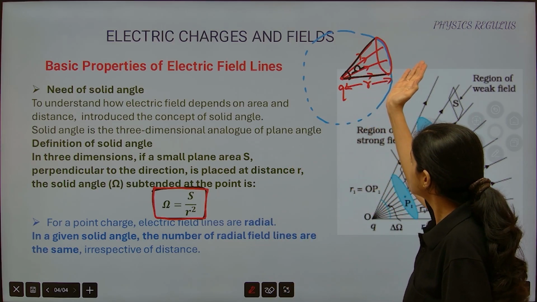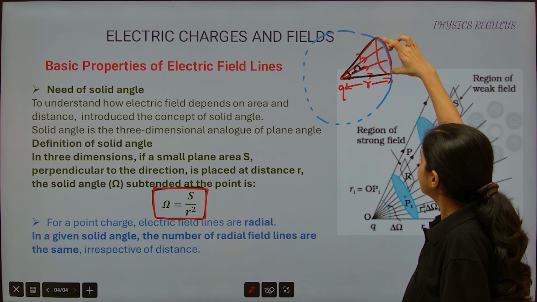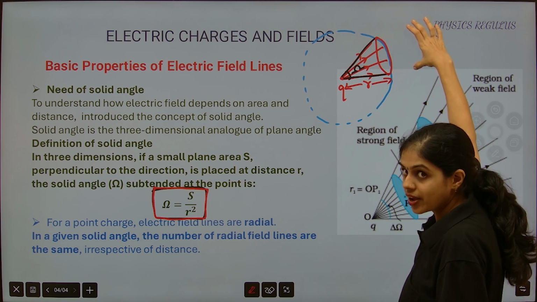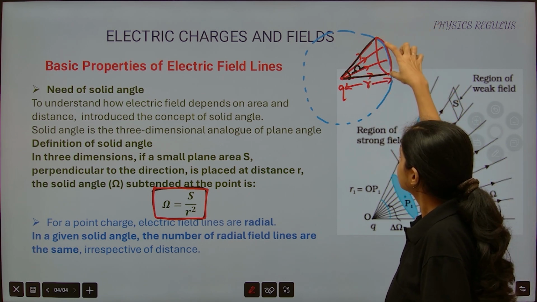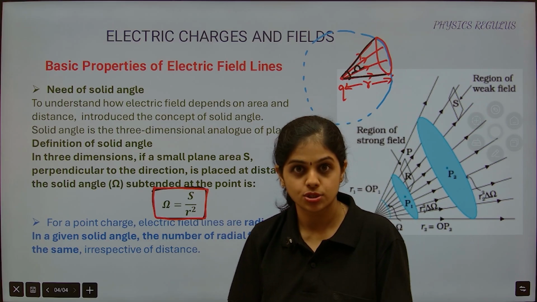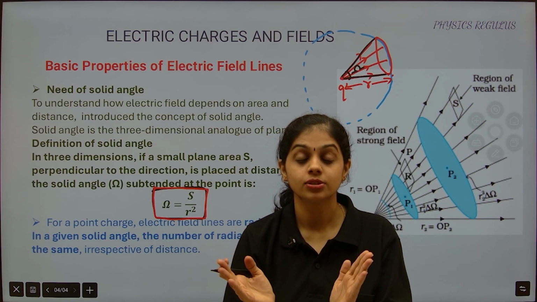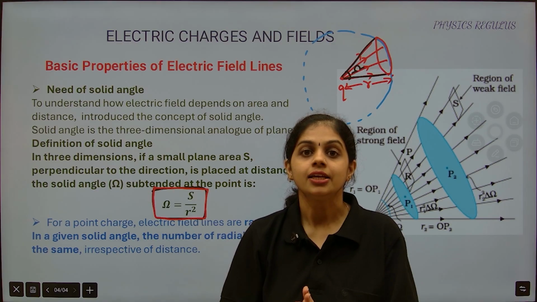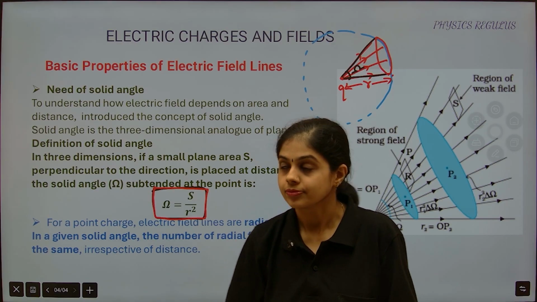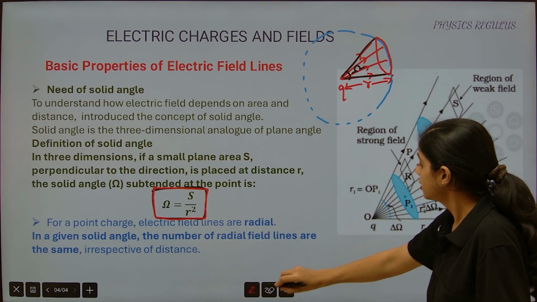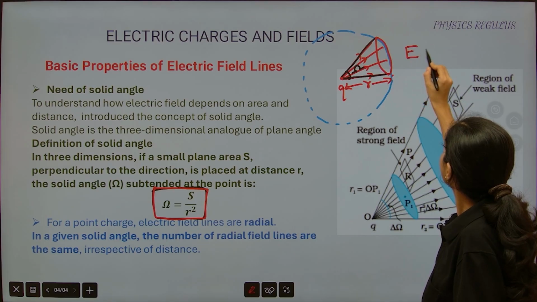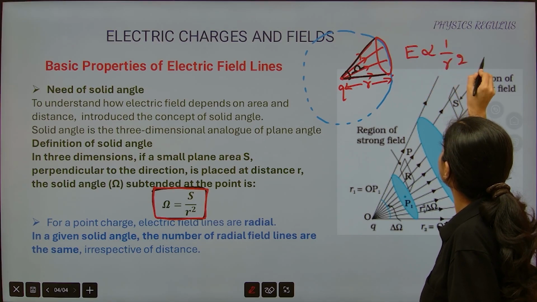Whatever may be the distance, as area increases as R square, number of field lines crossing this area is constant, but field lines are spreading apart. This shows density of field lines is decreasing. Hence, it represents inverse square law dependence of electric field.